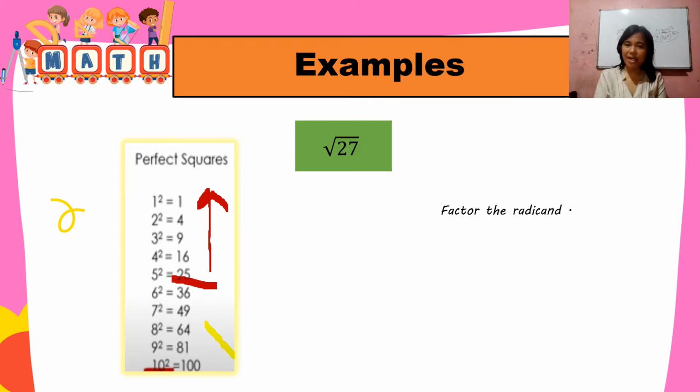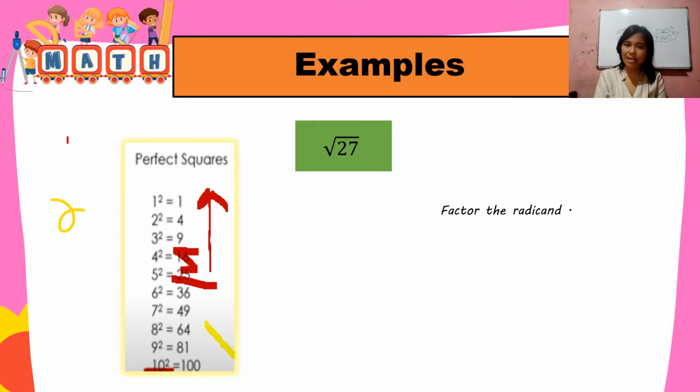Okay? Para sure ka na yung isa sa mga factors mo is nasa perfect square na table. So, of course, hindi natin pwedeng gamitin yung 25. Hindi kayang ma-divide ng 27 ng 25. Hindi rin siya pwede sa 16. Okay? So, of course, 9 lang yung pwede.